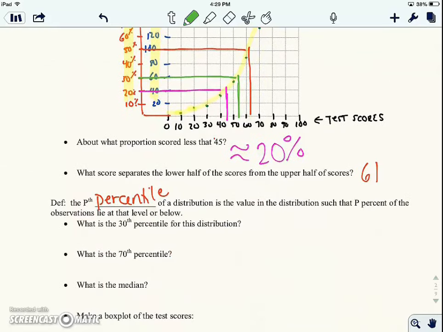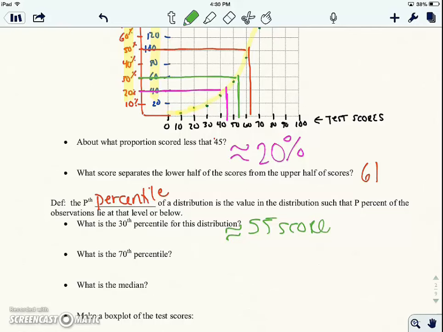So 55 is the score, and I really need to put approximately, unless you're using a calculator. Okay, it's just kind of approximate. If I were using the calculator, you could get actual perfectly pretty good data. But about 55, the score of 55, there are about 30% of people that scored less than 55.